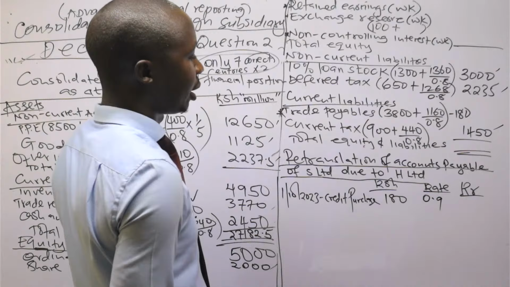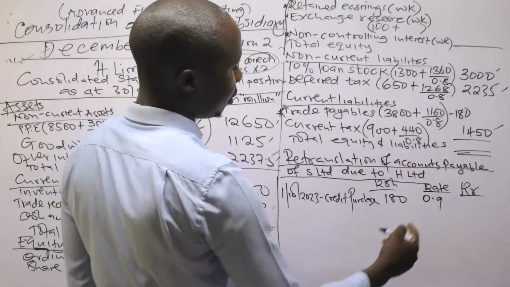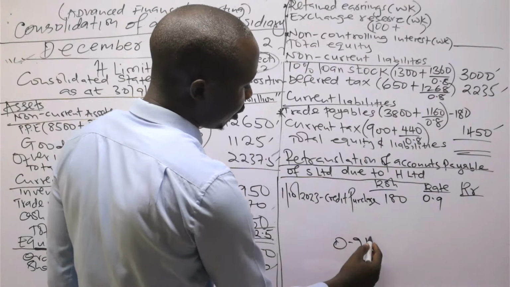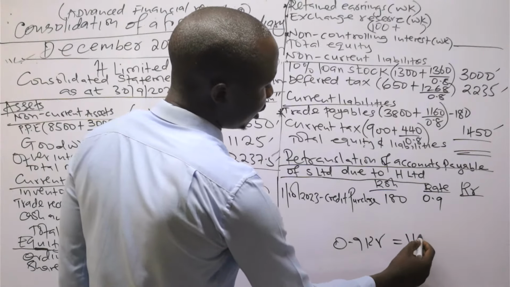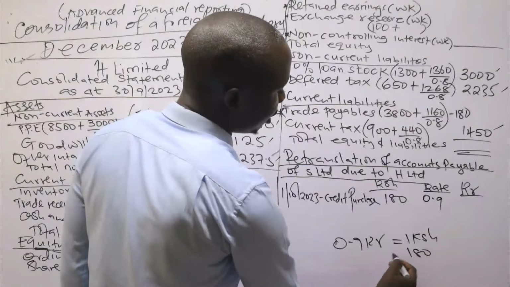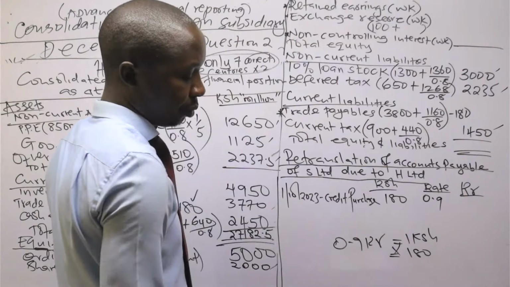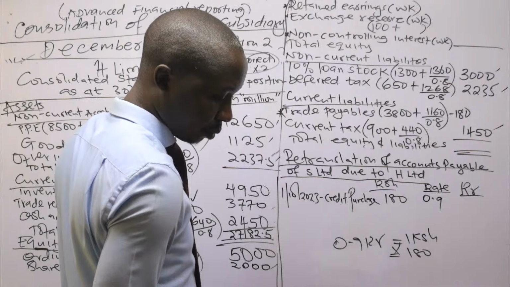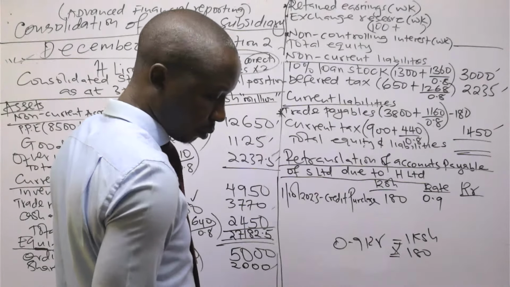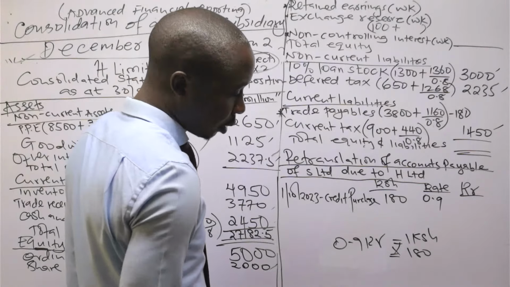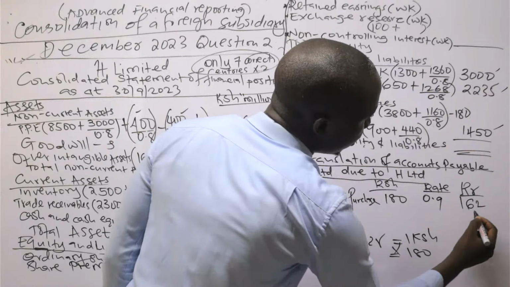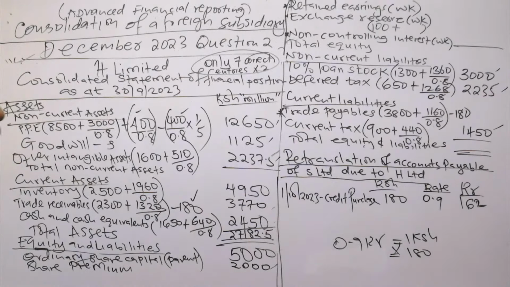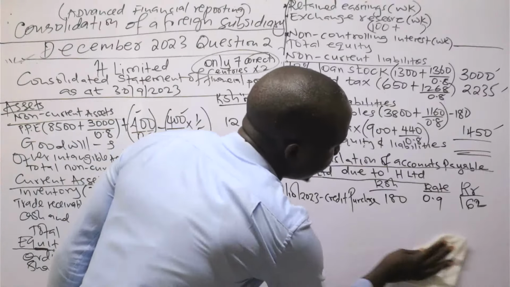So as at 1st October 2023, the rate was 0.9. So to translate from Kenyan shillings to krona, what are you supposed to do? Because you have 0.9 krona equals 1 Kenyan shilling. What about 180 Kenyan shillings? So you multiply. 180 times 0.9, that is 162. So this is as at October.